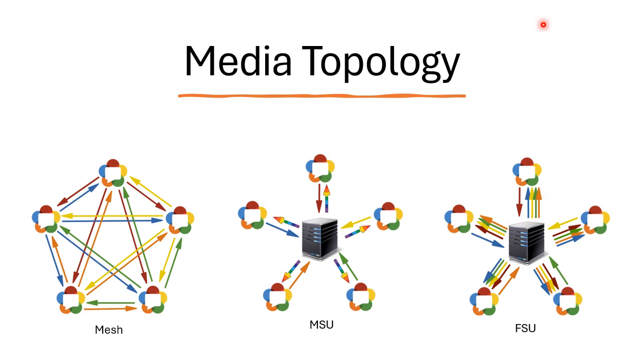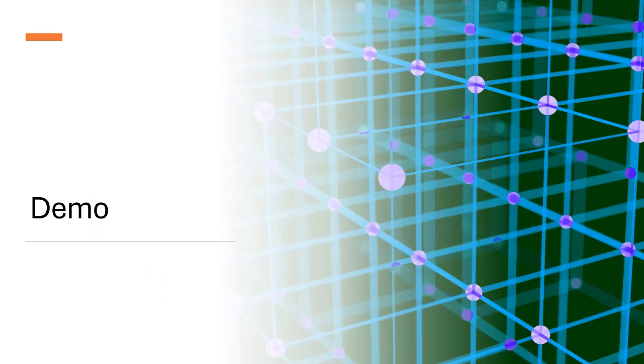And SFU simply forwards each incoming stream to all other participants without mixing. Google Meet uses an SFU for its connections. So I want to show you the demo of how I worked during my project.